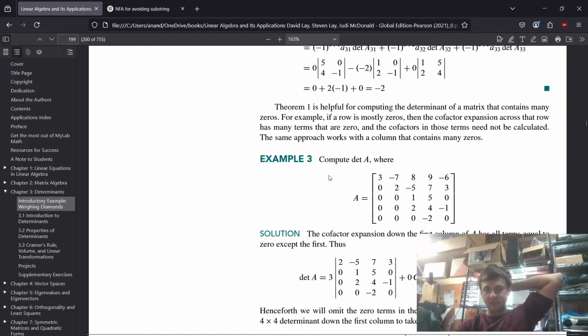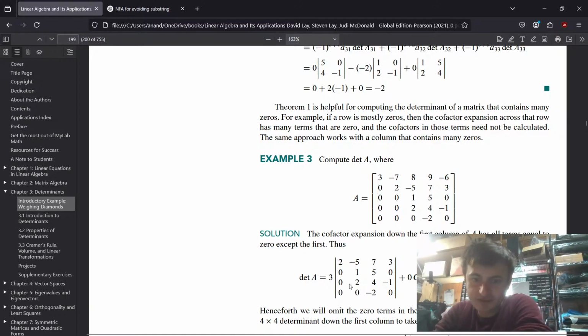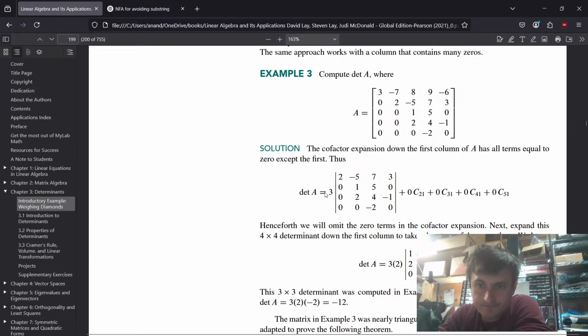Oh, okay. So this is a good example, because you think, I am never going to take a 5 by 5. But then they show you really only have to take one smaller one, if it's in this kind of row echelon form. So in the cofactor expansion on the first column, all terms equal 0 except the first.